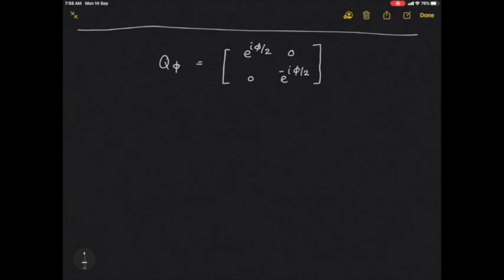So let us talk about that. Well, the corresponding matrix T phi was the Z rotation, so it's cos phi, sin phi, minus sin phi, cos phi.